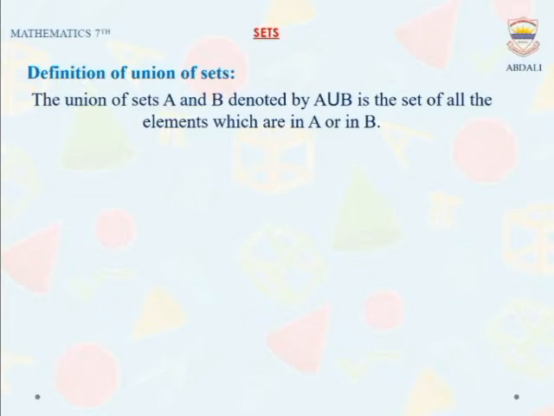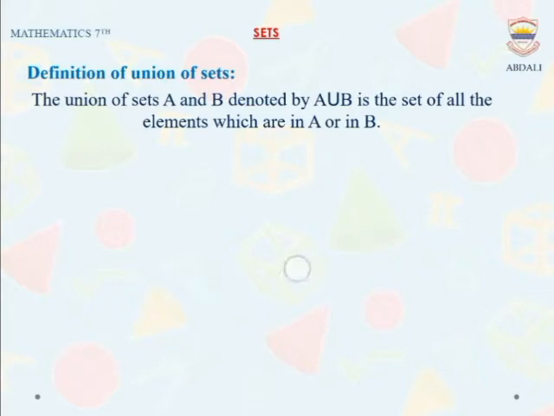We always represent union using this symbol. A ∪ B is the set of all the elements which are in A or in B, which means we have to write all the elements of both A and B sets.